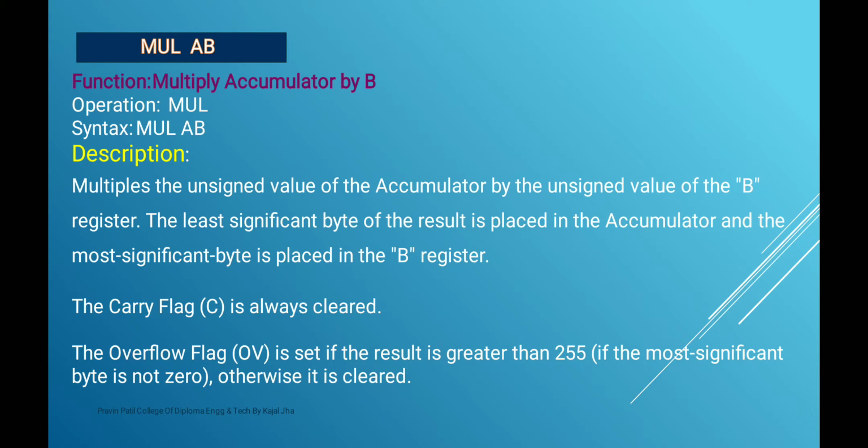In short, the value of A is multiplied with the value of B. The least significant byte of the result is placed in the accumulator, and the most significant byte of the result is stored in register B. The carry flag is always cleared here, and the overflow flag is set if the result is greater than 255, that is, if the most significant byte is not 0; otherwise it is cleared. This is the MUL operation.